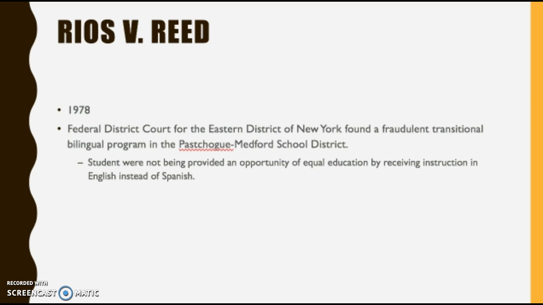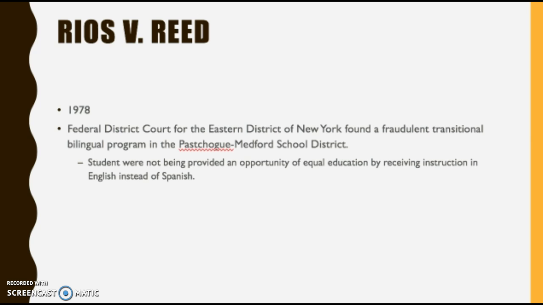And so they believed that they needed to receive education in English and learn it in English and get done with it. But obviously, that's not how that works. And so the federal court found that out and put an end to that, thankfully, for the students.